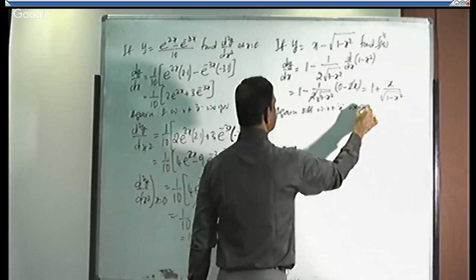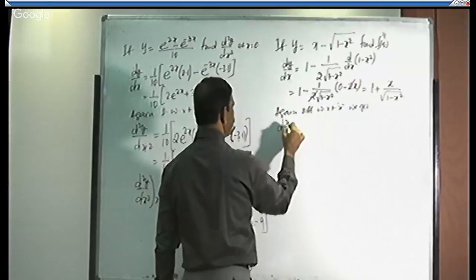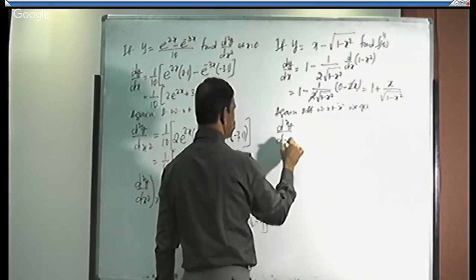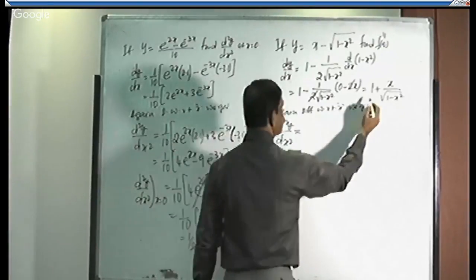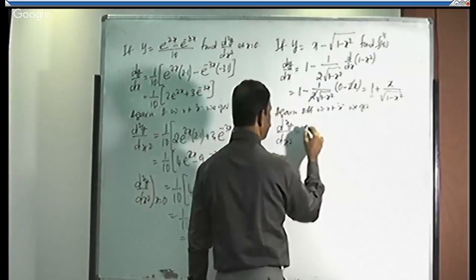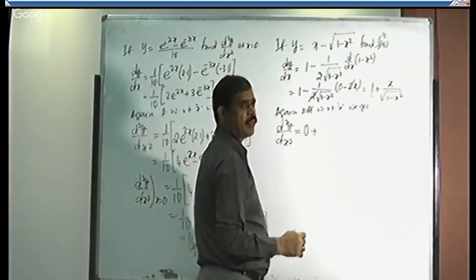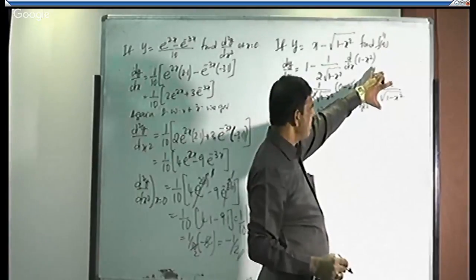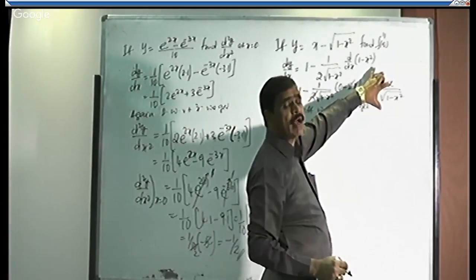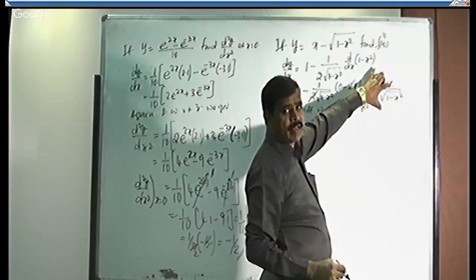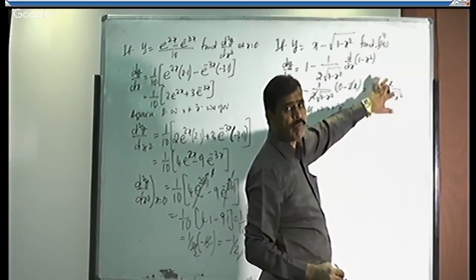We get d square y divided by dx square is equal to differentiation of 1, a constant, which is 0, plus differentiation of x divided by root of 1 minus x square. They are in u by v form.